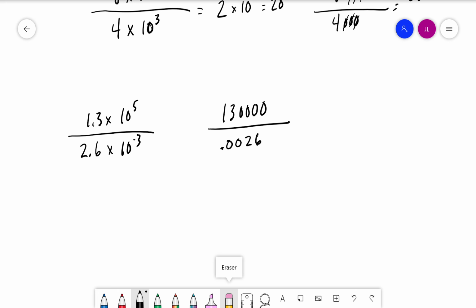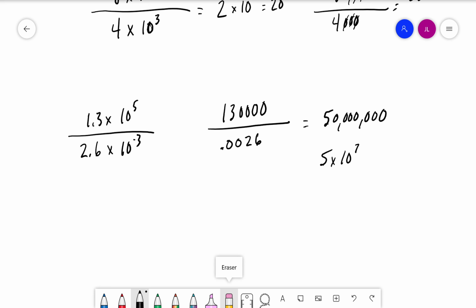Now if we work this out, 130,000 divided by 0.0026, what we get is 50 million, which we know should be 5 times 10 to the 7th.